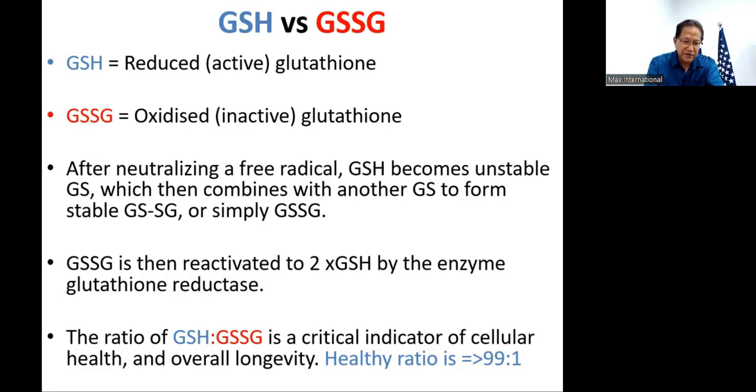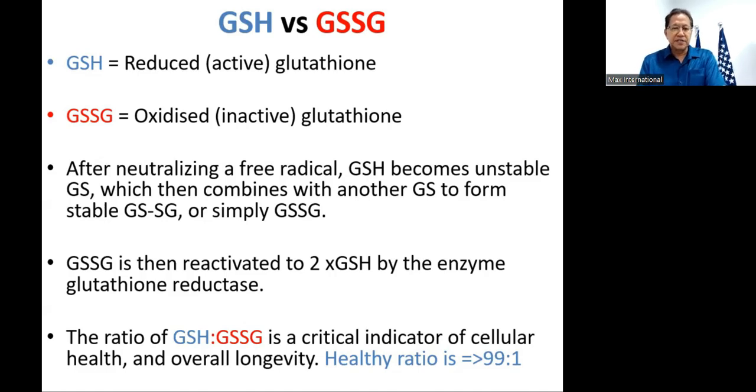So after neutralizing a free radical, GSH becomes unstable GS, which then combines with another GS to form stable GSSG. GSSG is then reactivated to 2 molecules of GSH by the enzyme glutathione reductase. So the body has a mechanism to regenerate GSH. So that's why the glutathione system is the one that rescues the other antioxidants inside the cells.